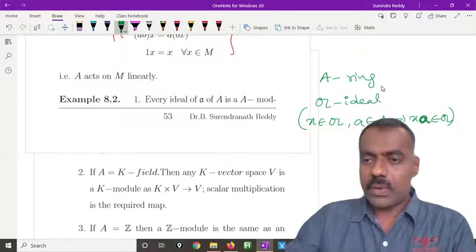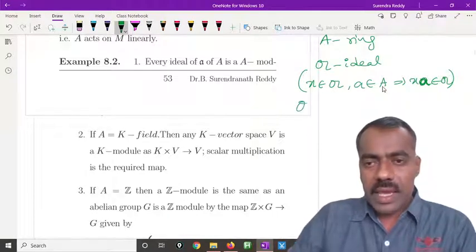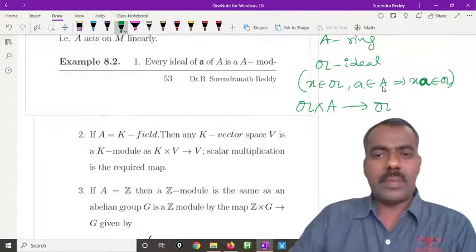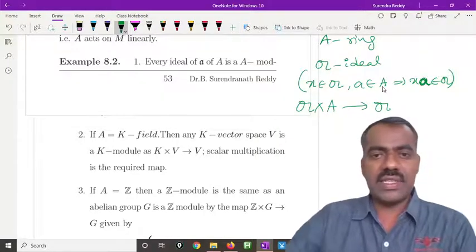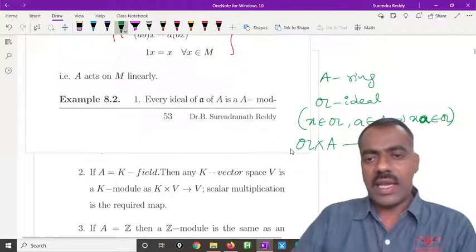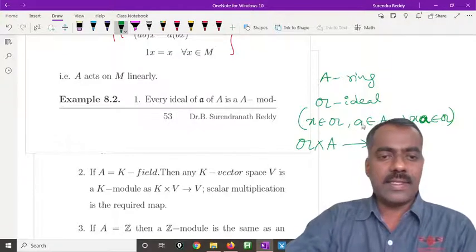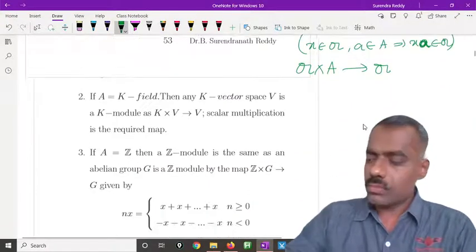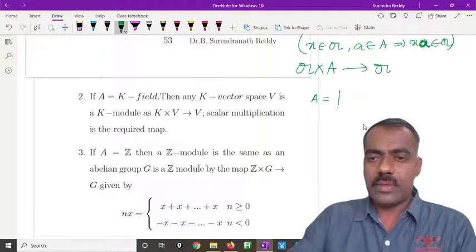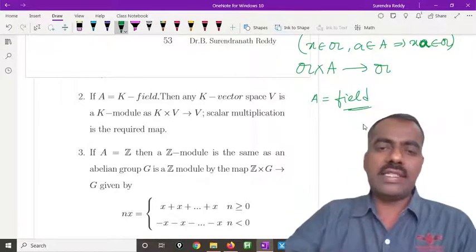That itself shows that we have a map from A cross the ideal to the ideal, and you can easily check that it satisfies the properties. Therefore, by definition itself, every ideal is a module. Now obviously, if your ring A is a field, then a module is the same as a vector space.